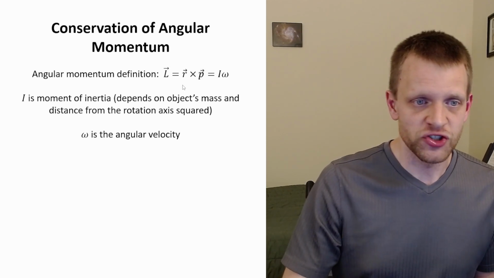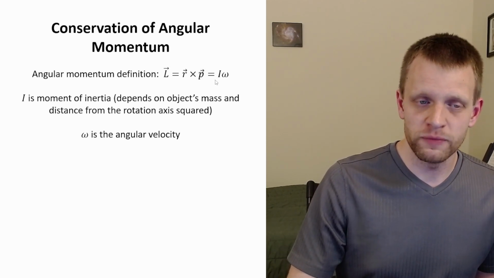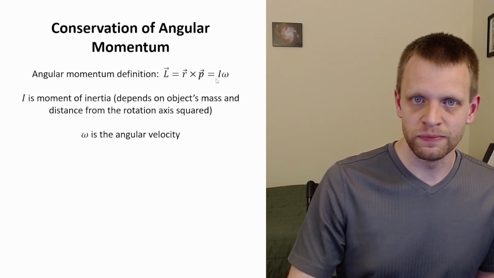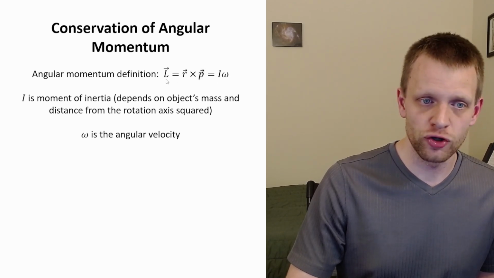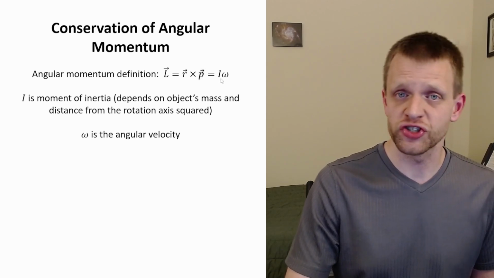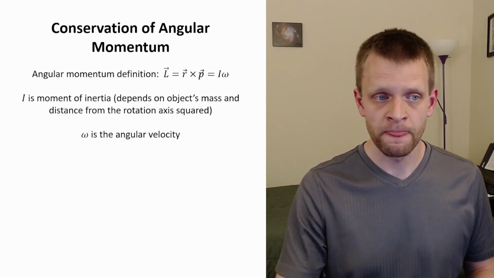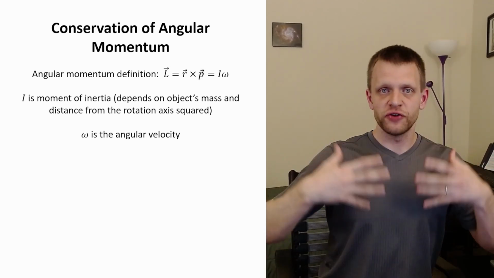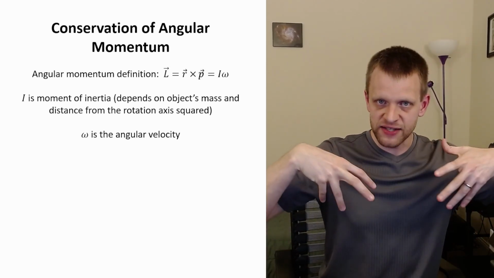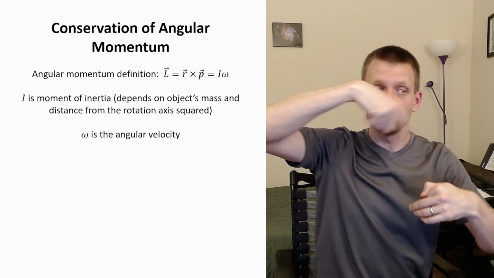Okay. So a form that's going to be a little bit easier to understand what it's talking about is this form here, where the angular momentum is equal to something called the moment of inertia, which is a measure of the mass of an object and how that mass is distributed around some rotation axis.